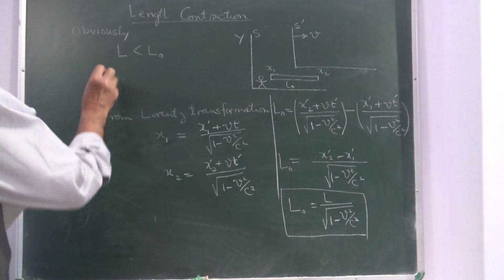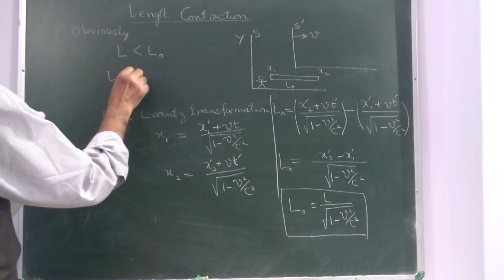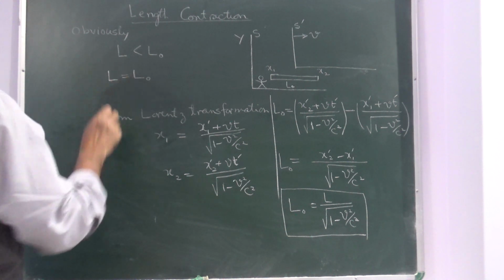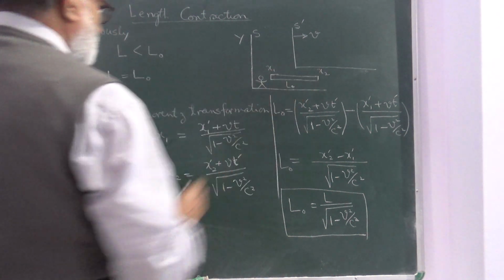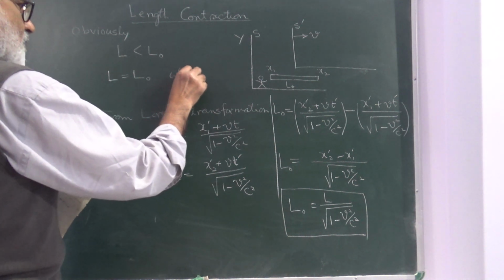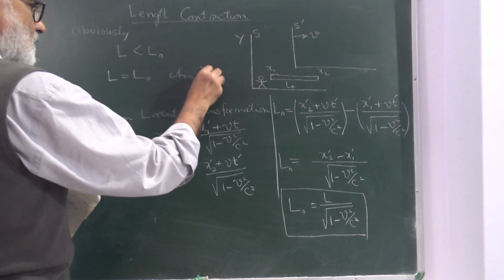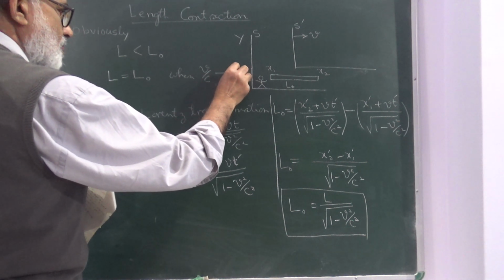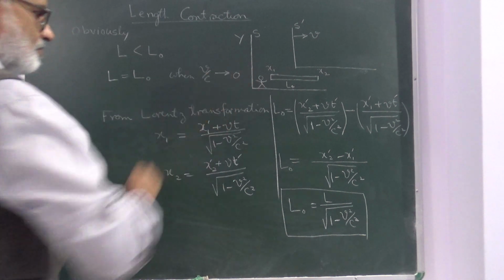So L will be equal to L naught, meaning the length of the rod measured in both reference frames will be the same, only when V by C is negligibly small and tends to 0.